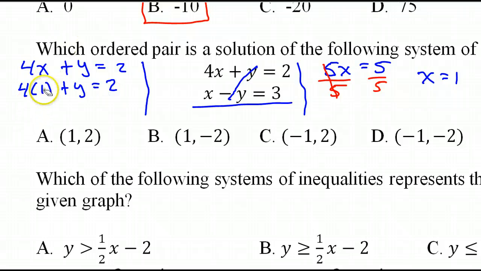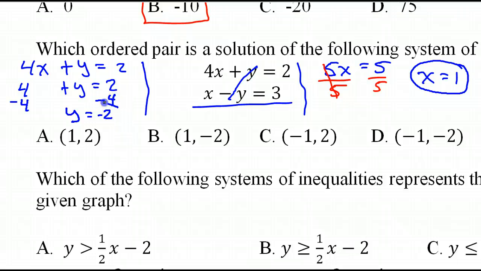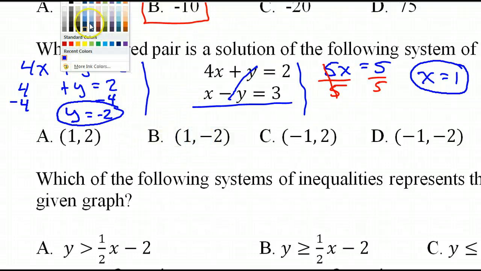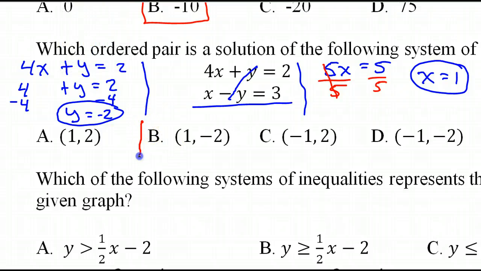Obviously 4 times 1 is just 4. So when I subtract 4 from both sides, I get y equals negative 2. So what we have here is 1, negative 2. That's why the correct answer is B.